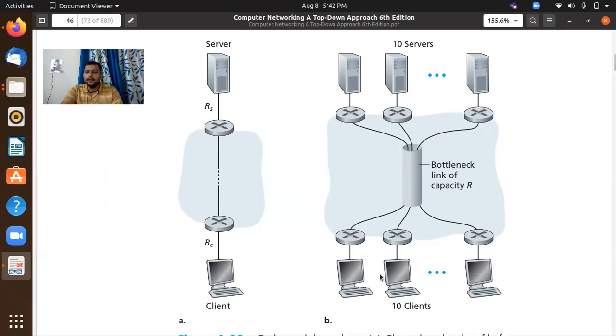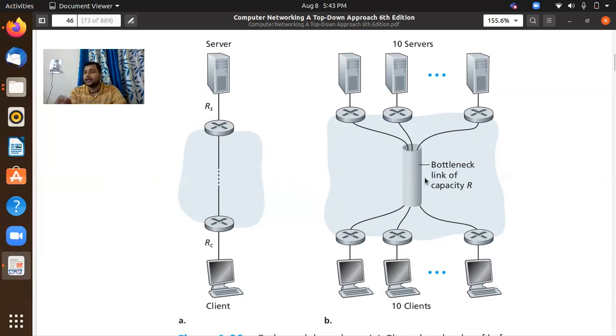So if 10 clients are connected to 10 servers and at a particular time, by any chance, they all start using any one link here, though that link capacity may be high, once all these devices start using a single link, that will act as a bottleneck, because then that link has to be shared across different client-server interactions.